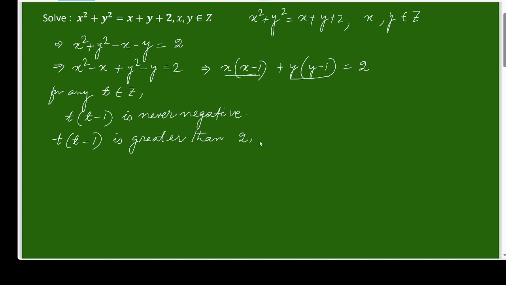if x is greater than 2, or you can say x is less than minus 1. So we have to see this limit. x should not be less than minus 1, x should not be greater than 2. The same thing happens for y also.